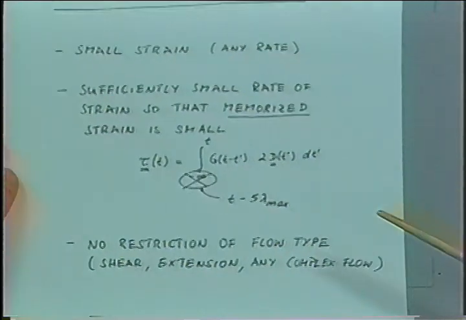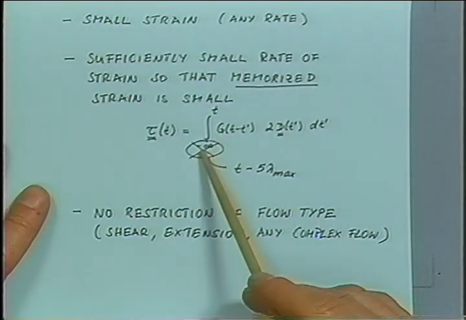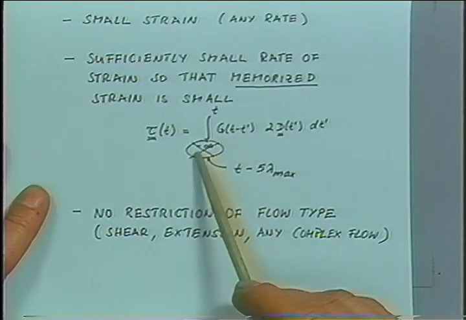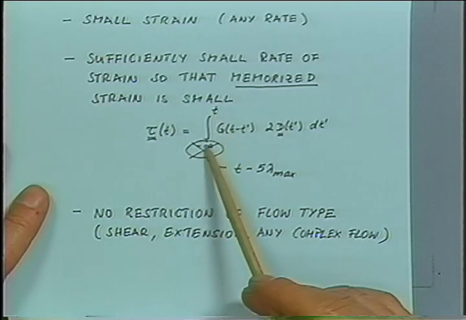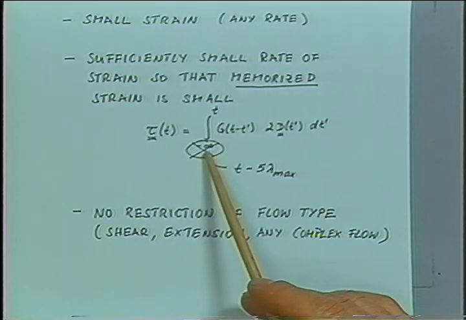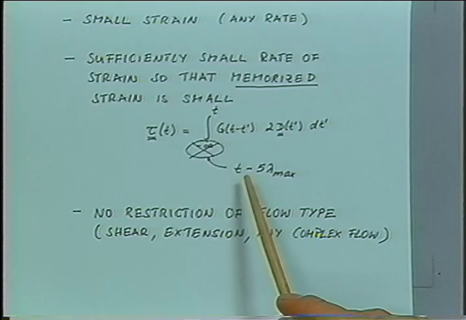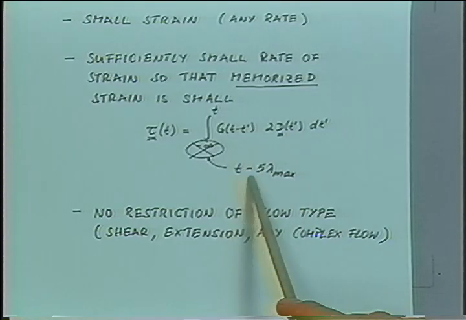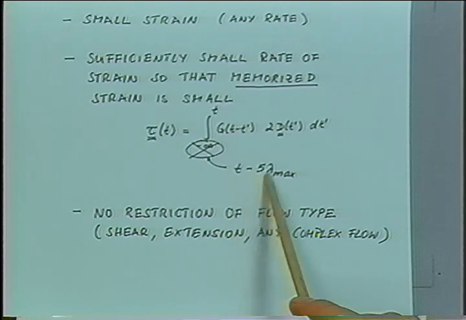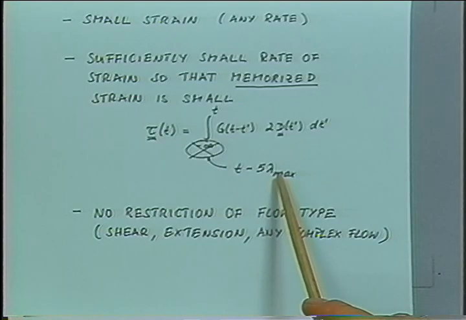And we can identify this now for the Boltzmann equation. From this integral, which goes from minus infinity to the current time t, everything in the past has been forgotten, is unimportant, except the most recent past. If we take t minus 5 times the longest relaxation time, then we should be on the safe side. Everything beyond that is forgotten.